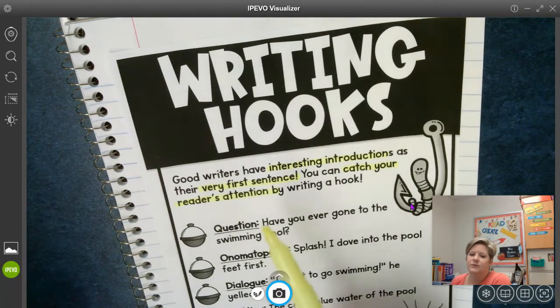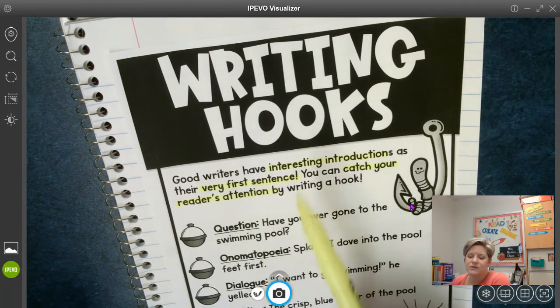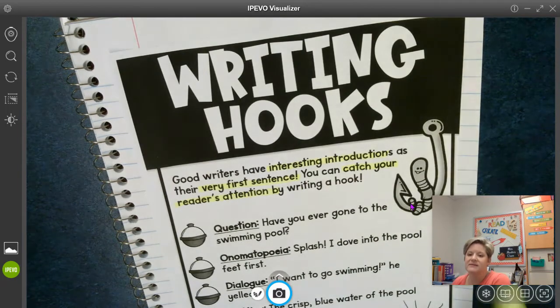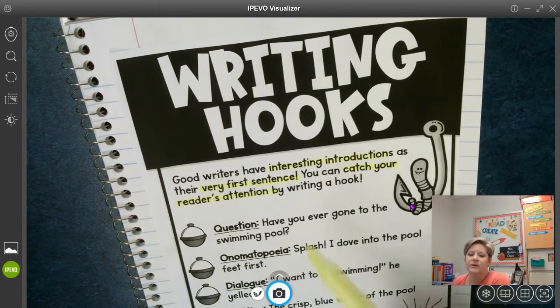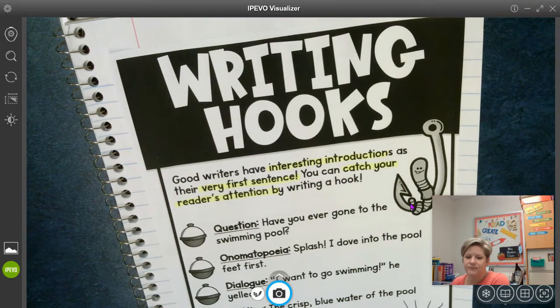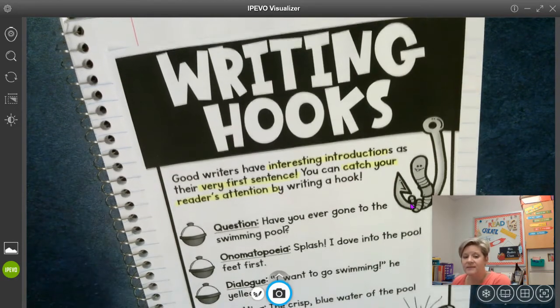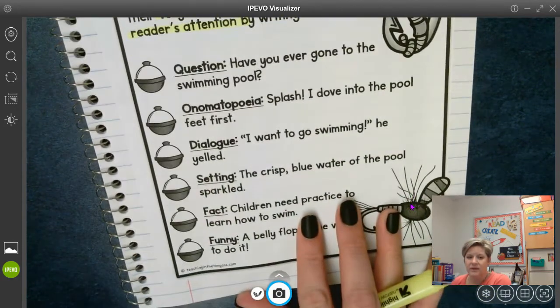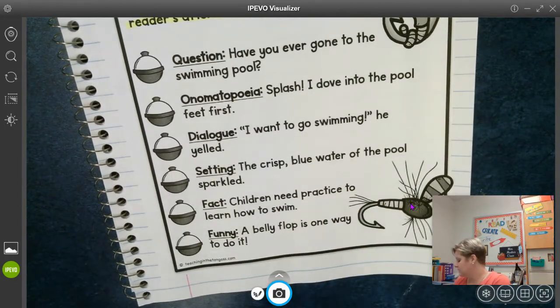It's the very first sentence, or sometimes it's the first few sentences, and you can catch your reader's attention. There are a couple of ways that we can write a hook, and we're going to talk about them.